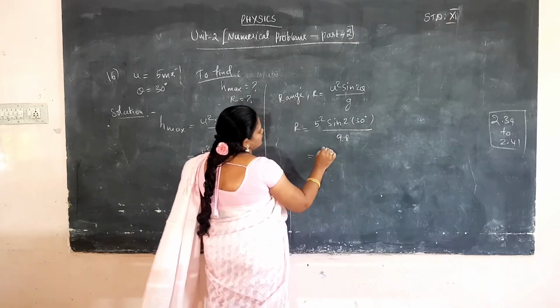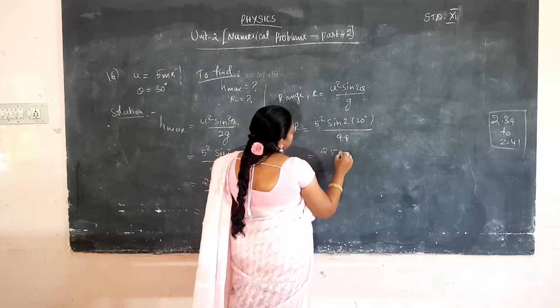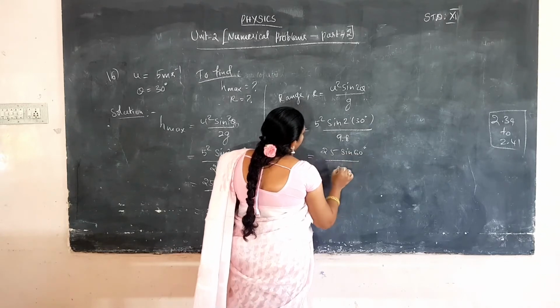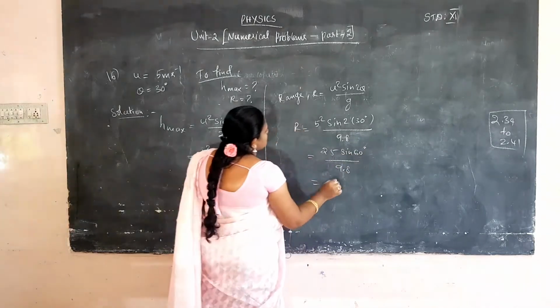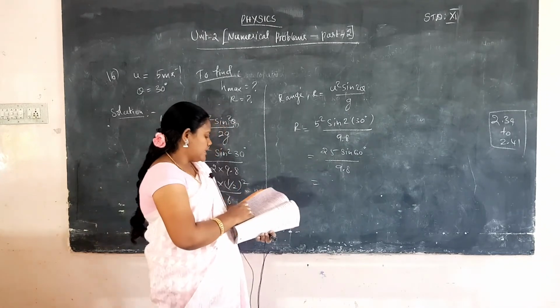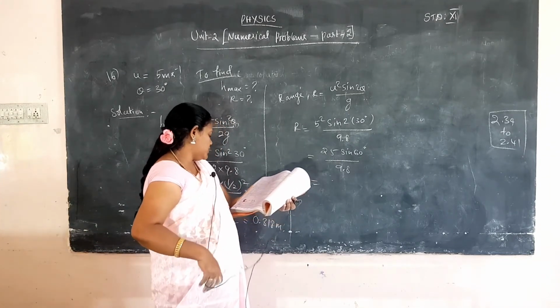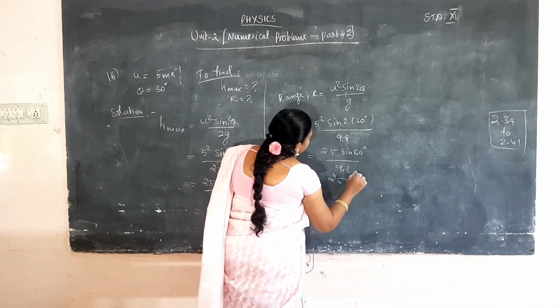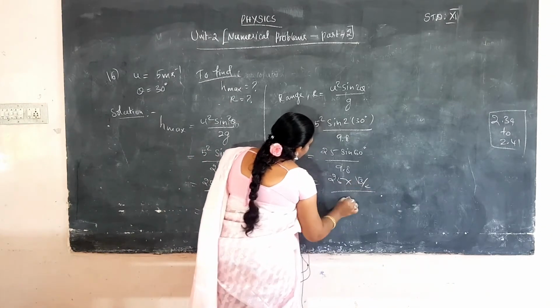So 5 square is 25, sin 2 into 30 is sin 60 degree by 9.8. Sin 60 value is root 3 by 2. So 25 into root 3 by 2 by 9.8.